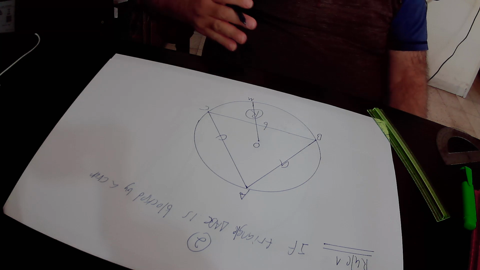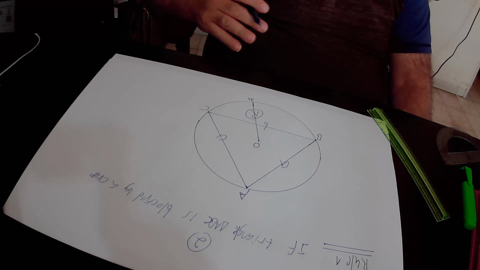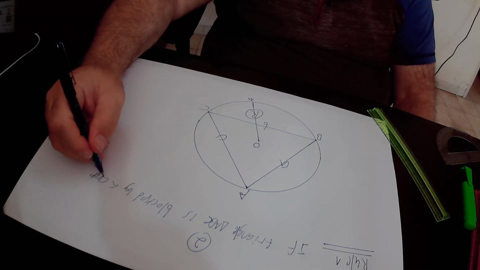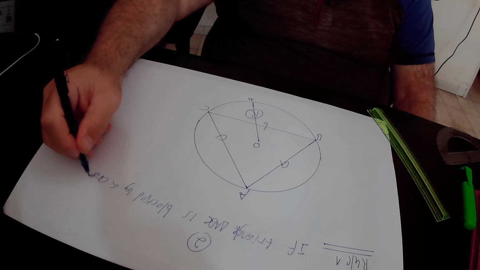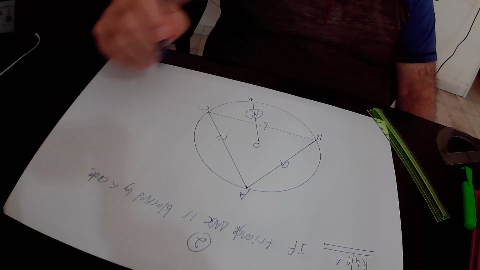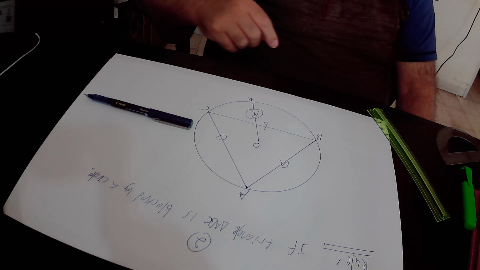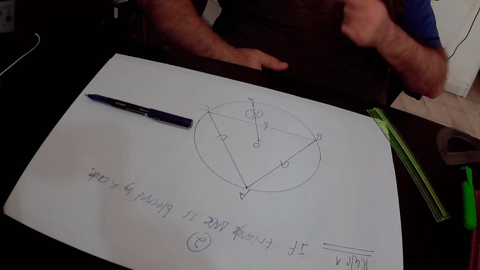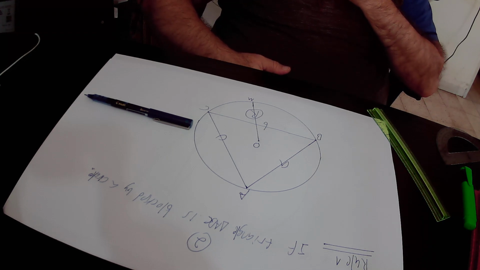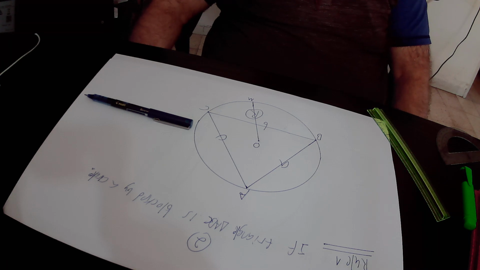So whenever you have a triangle that is blocked by a circle, before I continue, I will explain to you what is the meaning of a triangle that is blocked by a circle.